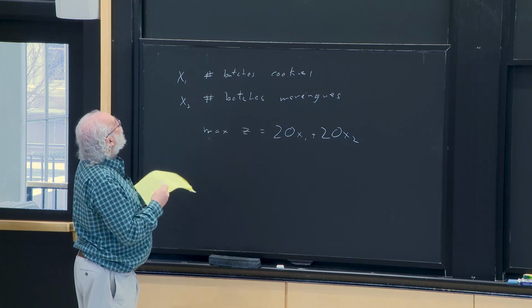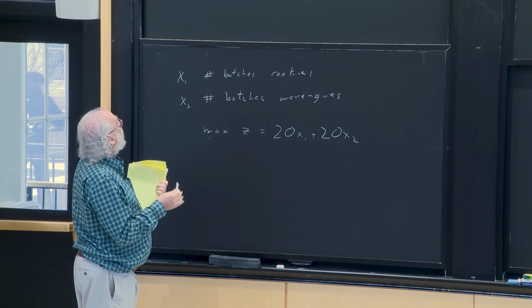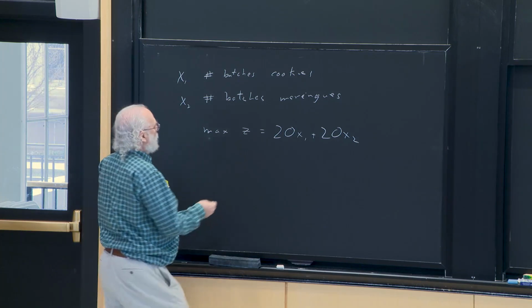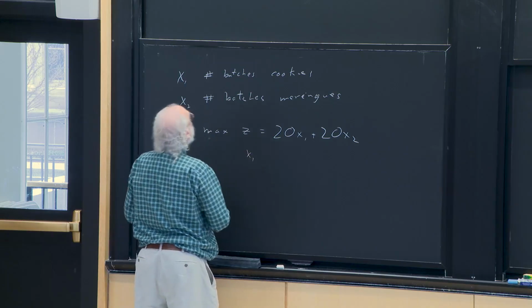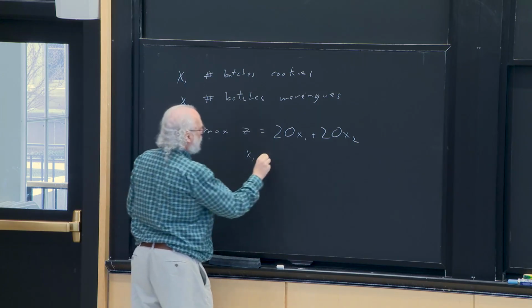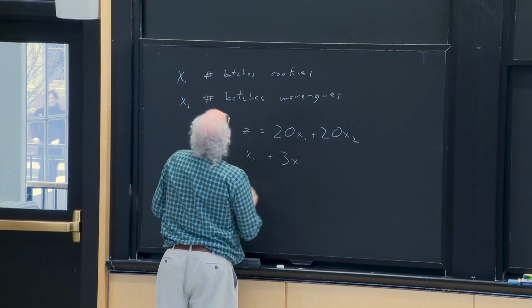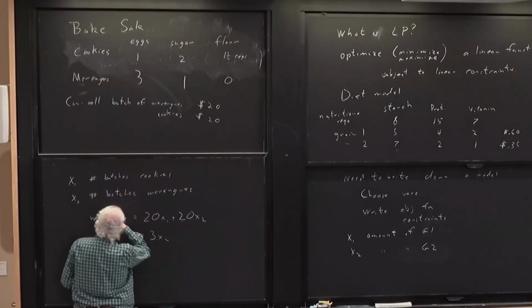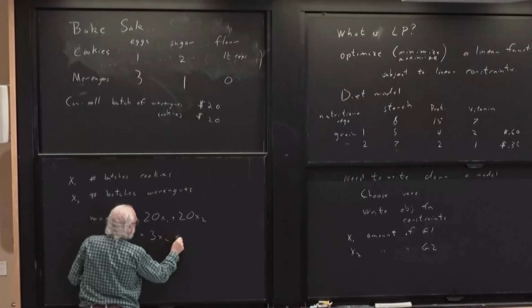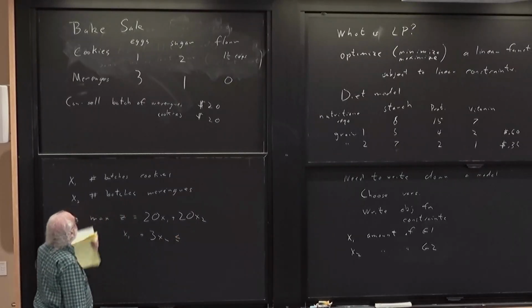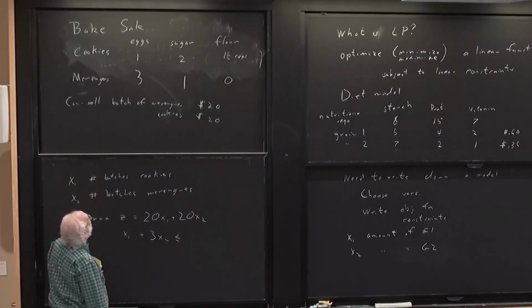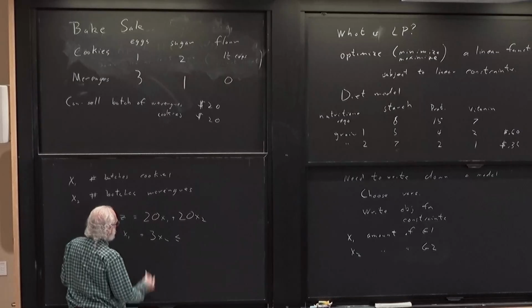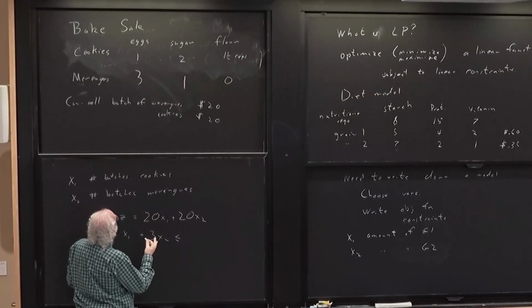Well, you don't want to run out of eggs, so that means that the number of batches of cookies, x1 times 1 plus 3 times x2, had better be less than or equal to the total number of eggs you have, which I didn't tell you how many eggs you had.